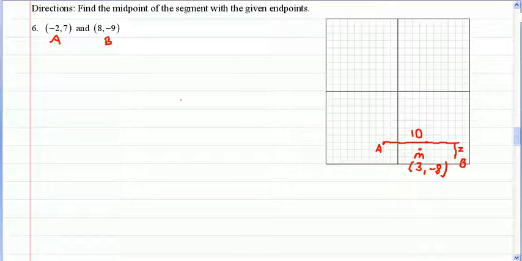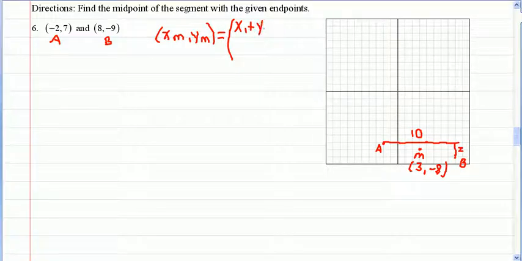So we're going to go through the midpoint formula to show how you can get the point 3, negative 8 in case you don't have a graph to count spaces. So the midpoint formula is x sub m, y sub m equals x sub 1 plus x sub 2 over 2, and then y sub 1 plus y sub 2 over 2.